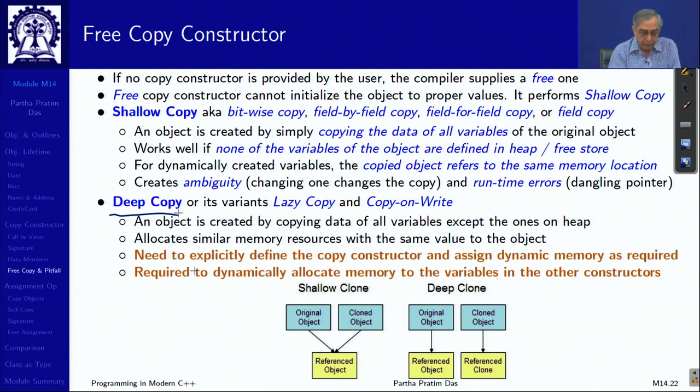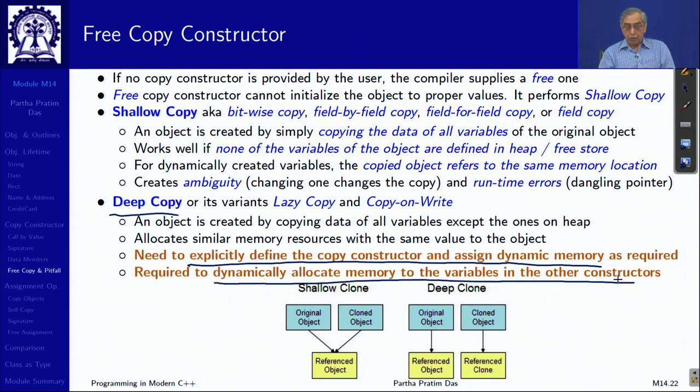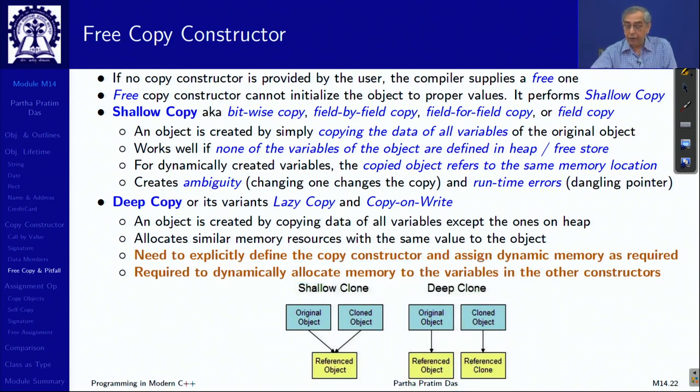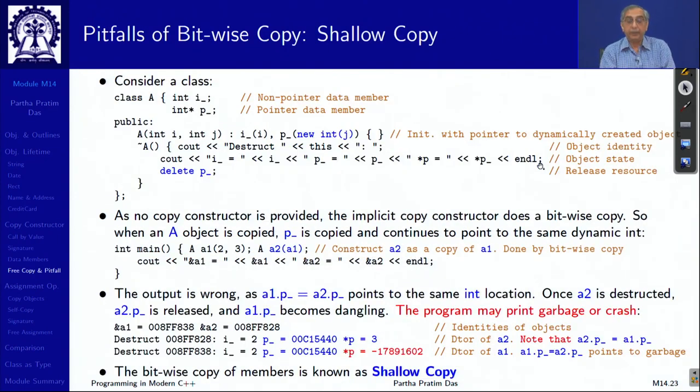So, you have to explicitly define the copy constructor and assign dynamic memory as required. In a deep clone, your original object gives you the cloned object, and you have a reference object. You are not copying the pointer, rather you are doing a fresh allocation and copying the object by that object's copy constructor. So, that is the big pitfall of having a free copy constructor from the compiler, or the pitfall of shallow copy.